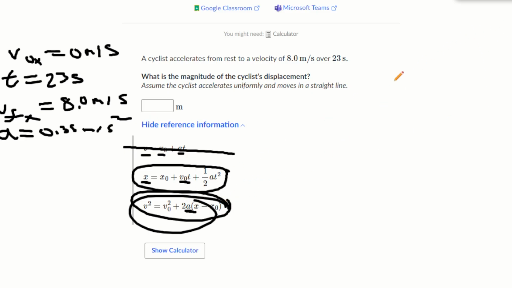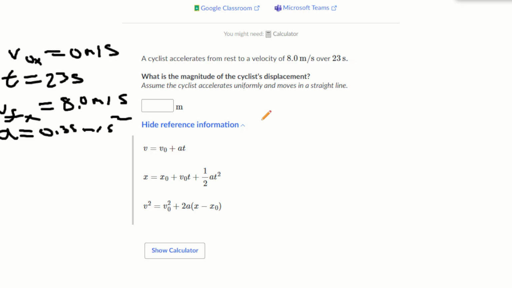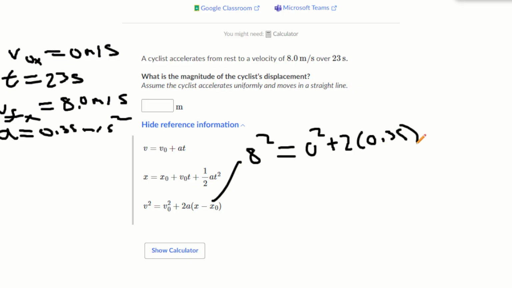But I'm going to go ahead and use this one because for me this is easier. So right here it says v squared. If we use this equation, that would be plugging in: 8 squared is equal to 0 squared plus 2 times 0.35 times delta x.